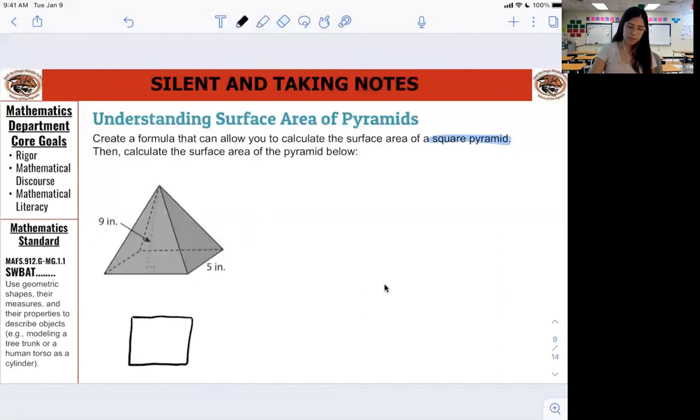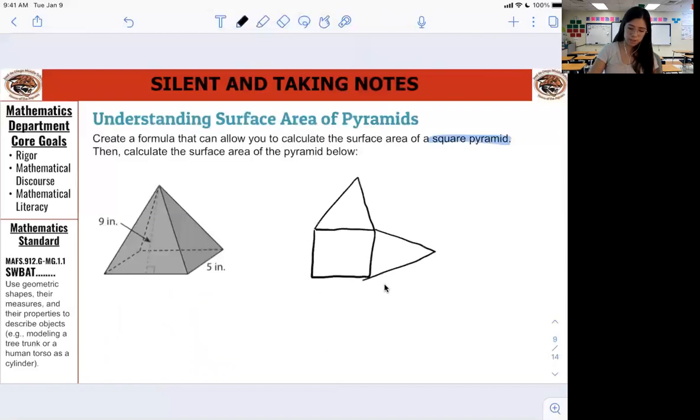So here's the square for the center. Let me move this over. And then you would have one triangle over here, there, there, and there. So for this specific pyramid, here's the 5.